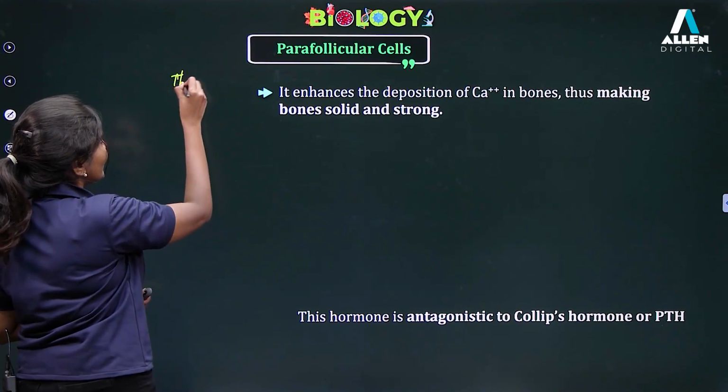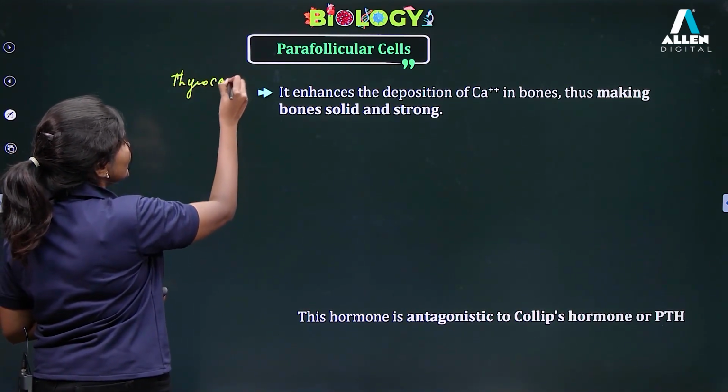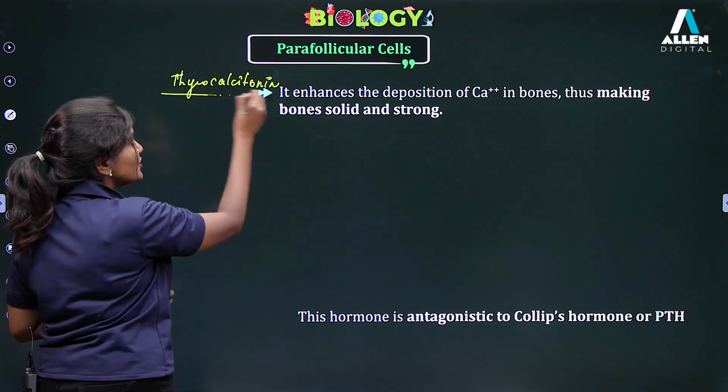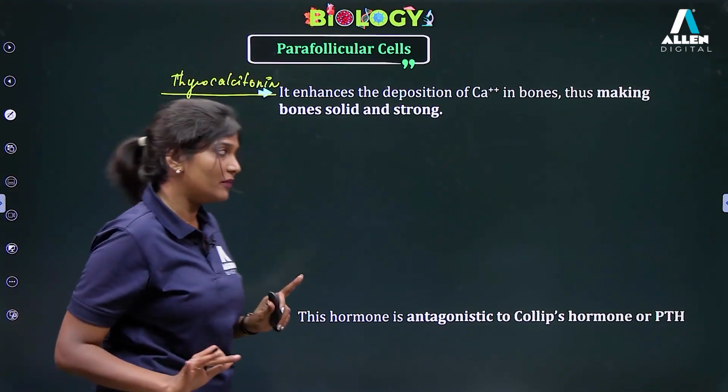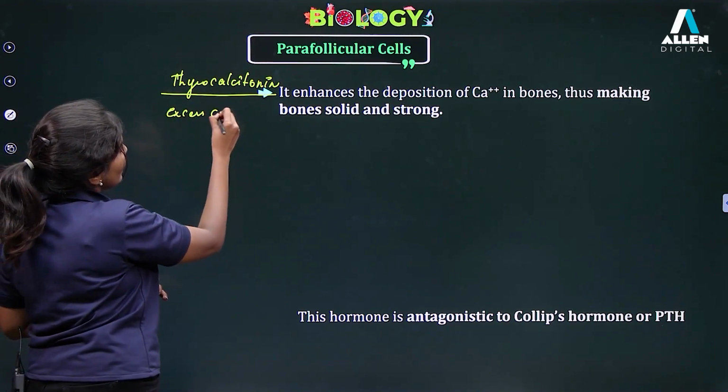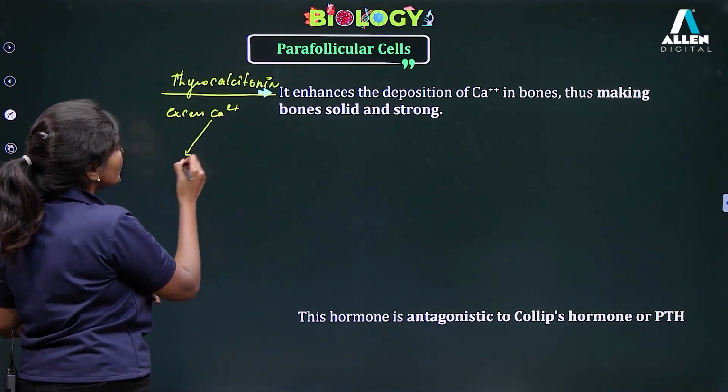So now let's talk about the function of this thyrocalcitonin. It is going to lower the calcium level in the blood. Just imagine, in a patient, if the calcium level becomes higher than normal, what is going to happen? All the excess calcium will be stored in the bones.